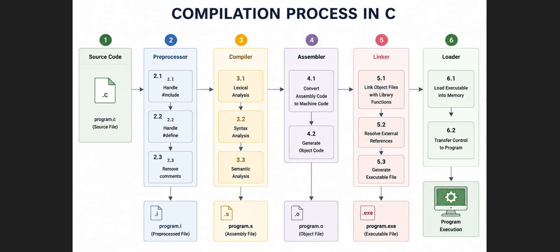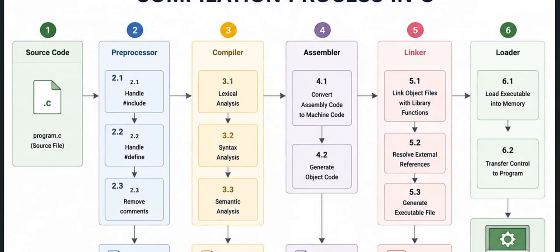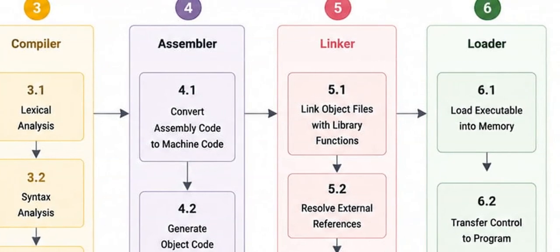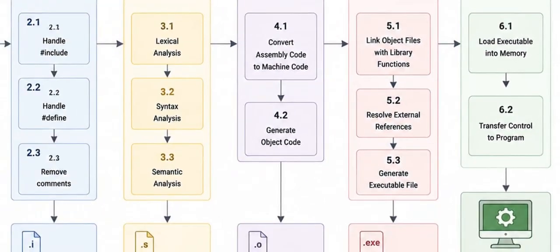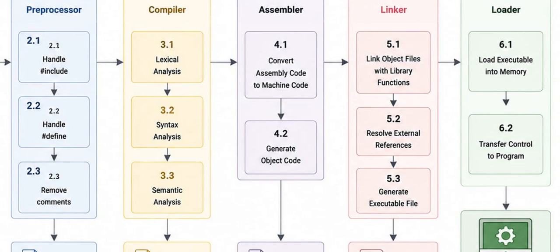Now this object code is stored in the object file with the .o extension. Now this is further moved to the linker. This block will perform 3 works.